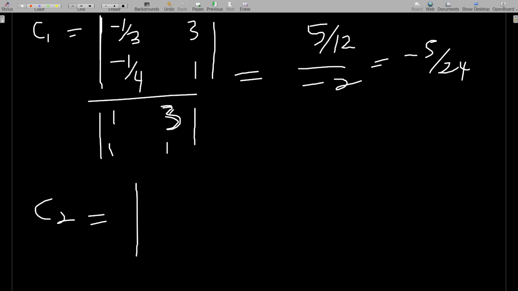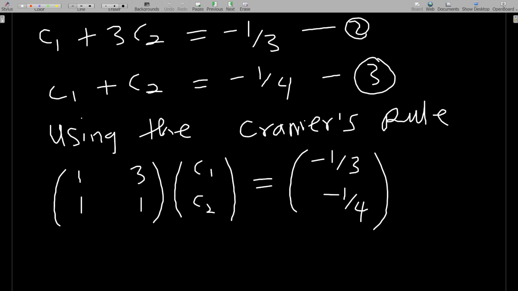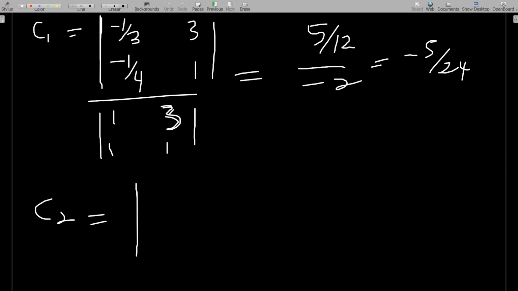But again, you place this side here at the second column. Okay, that will be the C2. So if it was a 3 by 3 matrix that we were solving, then for C3 you place this in the last column. So determinant of 1, 1 here.